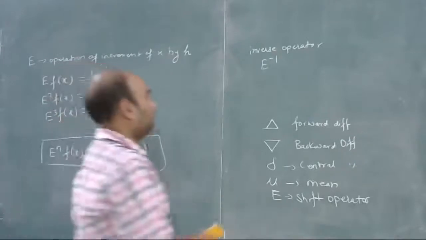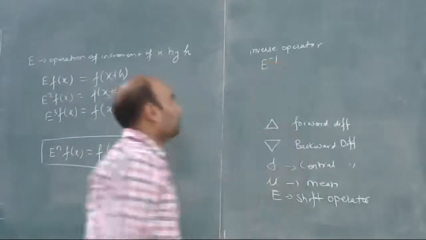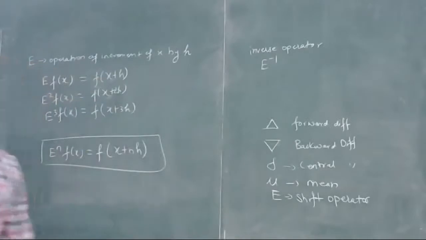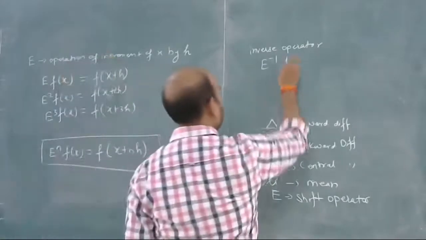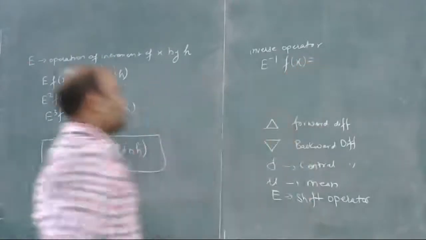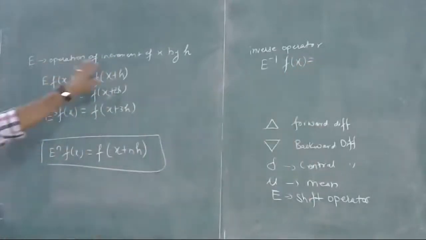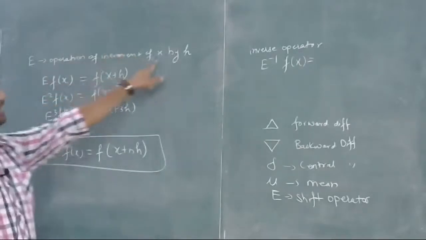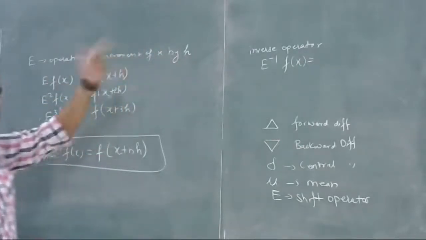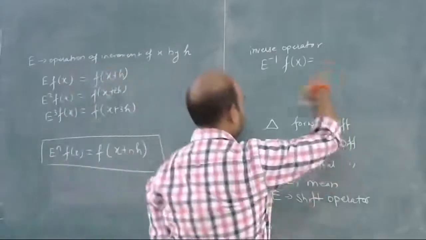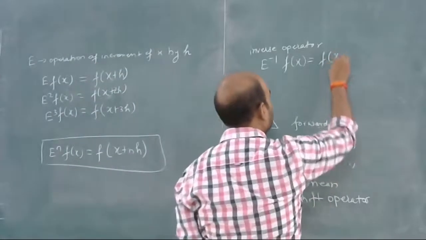Now its inverse operator is E inverse. E increases the value of x by h, so the inverse will decrease the value of x by h.